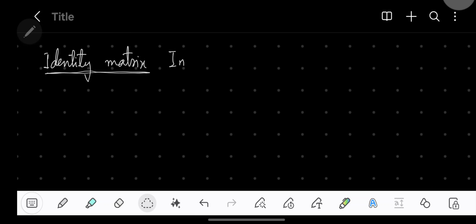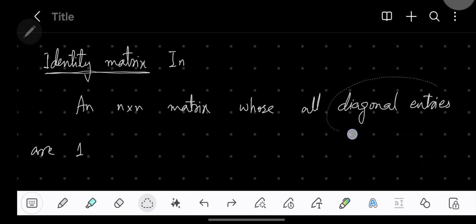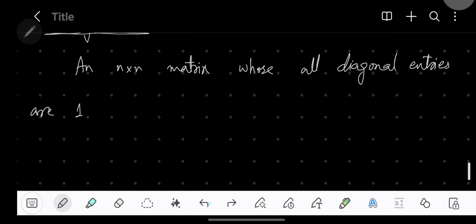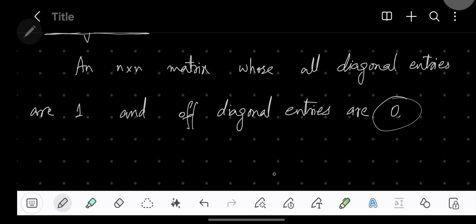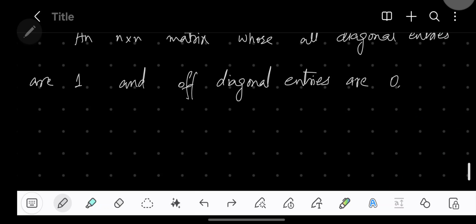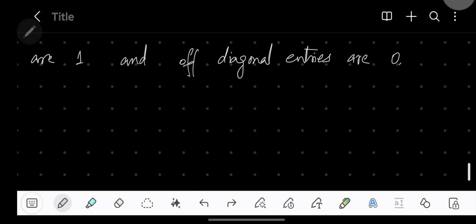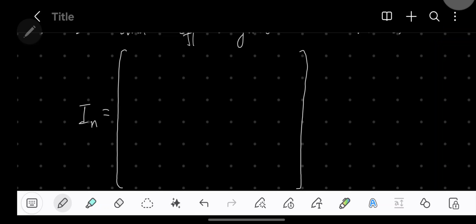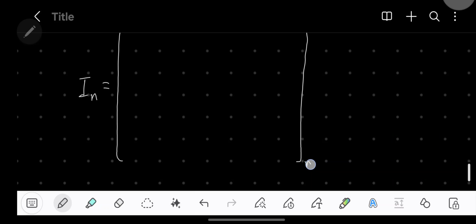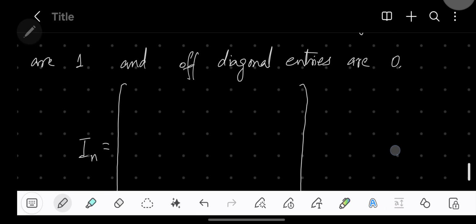Now we have an identity matrix. So an identity matrix is an n by n matrix whose diagonal entries are all 1 and the non-diagonal, or off-diagonal, entries are 0. Okay, so if I have to write the n by n identity matrix, then I have to write the dimension n by n.